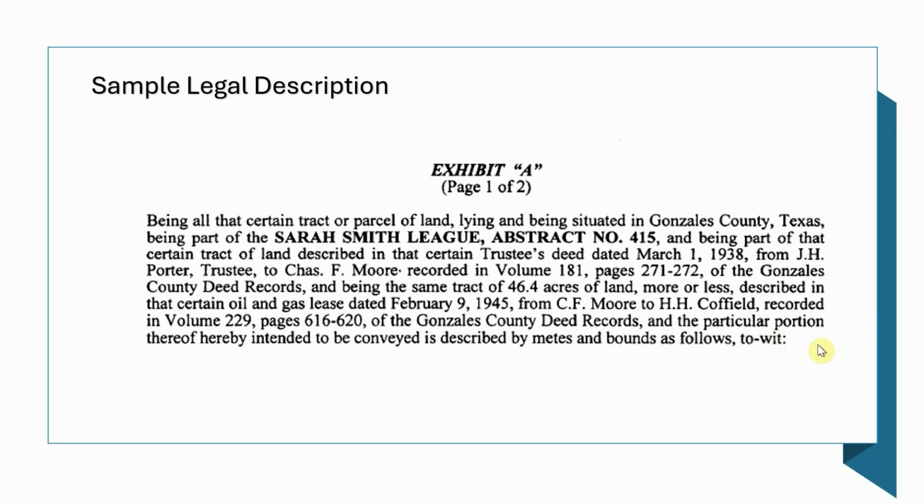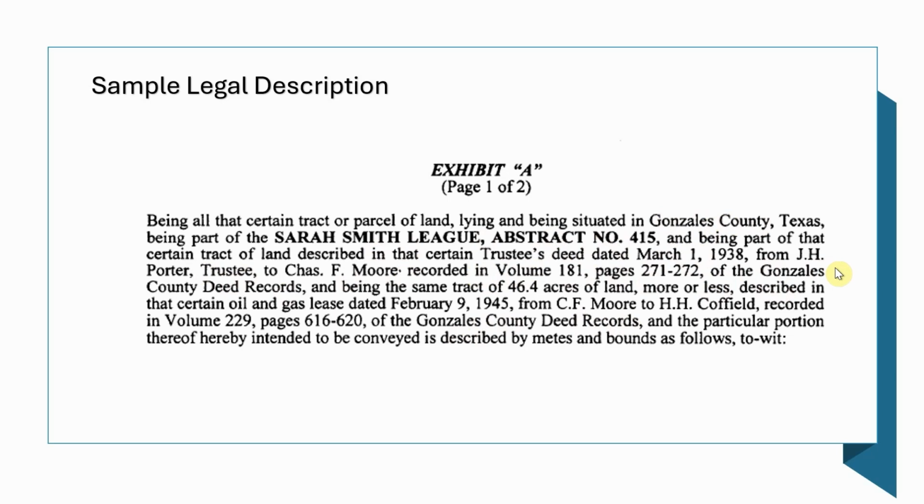So this is going to be the typical first paragraph of any legal description, and it's telling us where the supporting evidence for this legal description comes from. We know that it's part of this abstract number. We know that it's going to be in Gonzales County. It should be at the Gonzales County Deed Records. We know that we're going to have a deed on this date with this grantor and grantee and this volume and these pages.